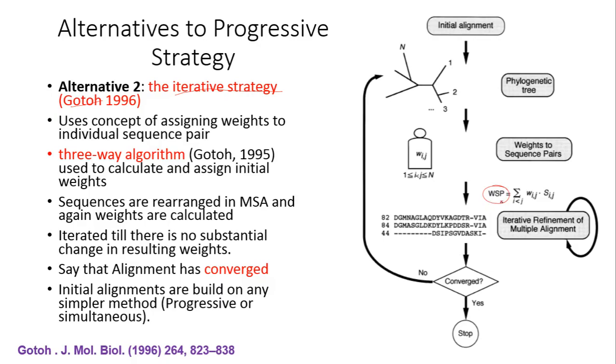Now you end up with your multiple sequence alignment, and then you would again reiterate the same procedure of rearranging the sequences into your multiple sequence alignment and again giving some weight. You would iterate this procedure until there are no significant changes in the weights that have been calculated, and at that point you say that your alignment has converged.